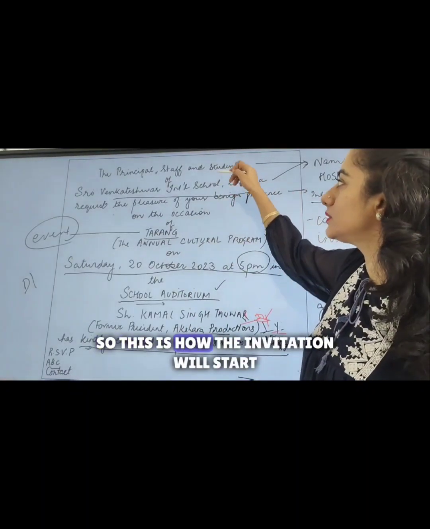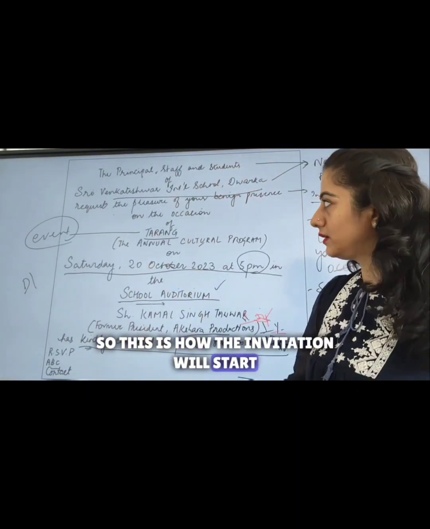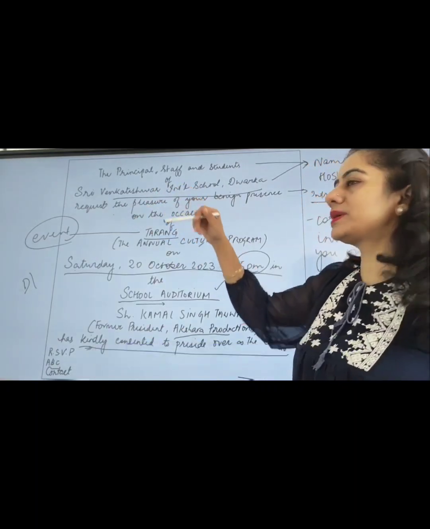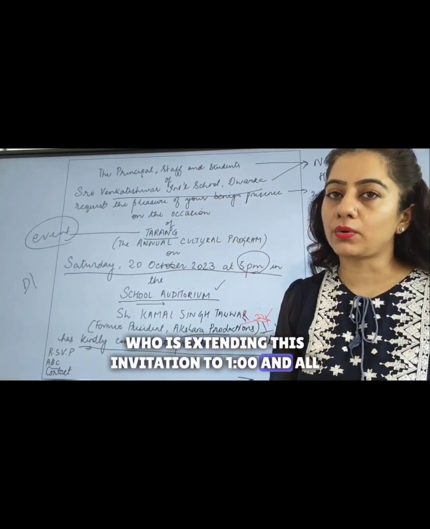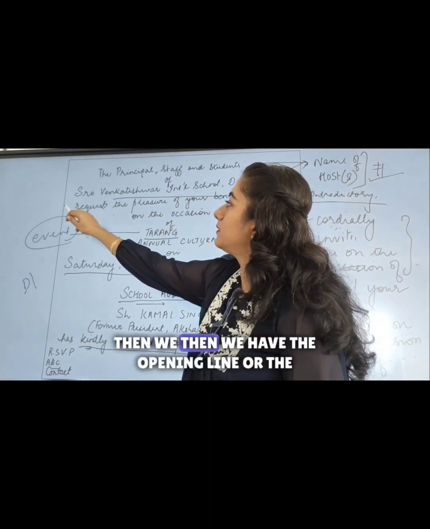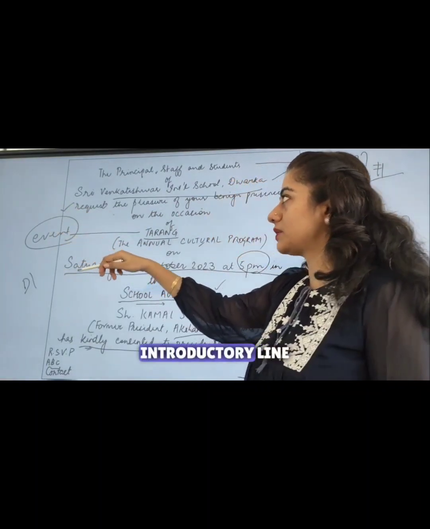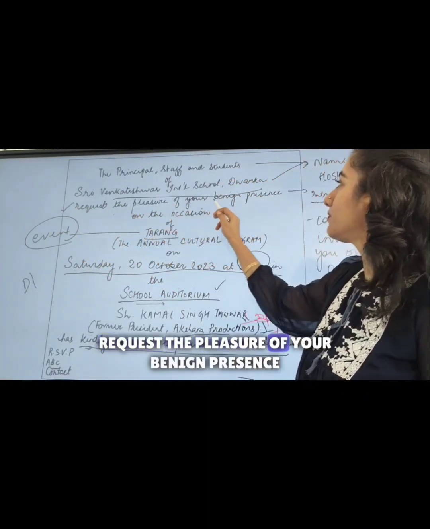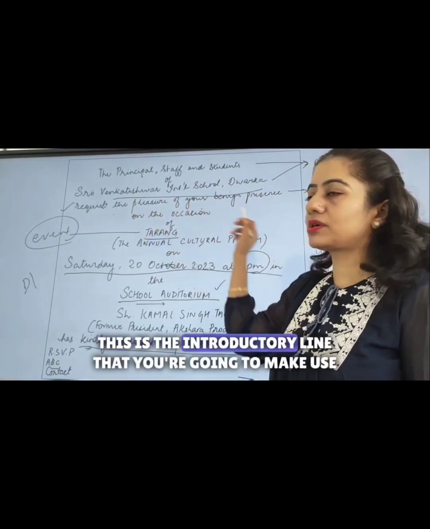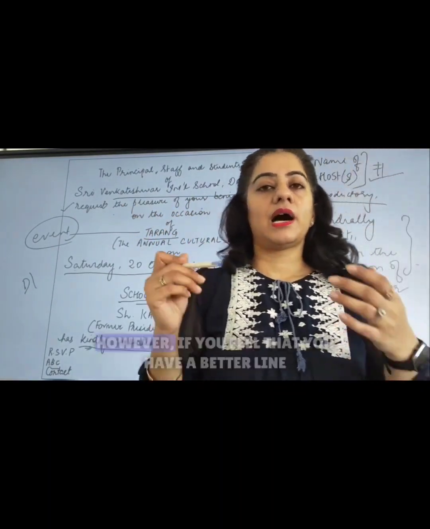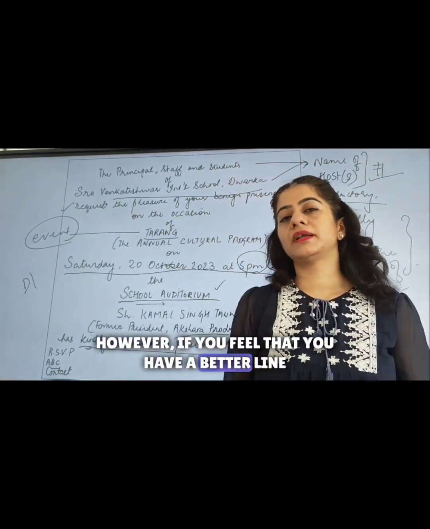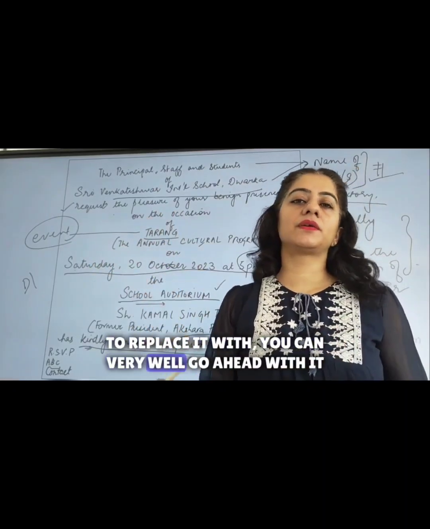So this is how the invitation will start, okay, with the name of the host who is extending this invitation to one and all. Then we have the opening line or the introductory line. What is it? Request the pleasure of your benign presence. This is the introductory line that you're going to make use of. However, if you feel that you have a better line to replace it with, you can very well go ahead with it.